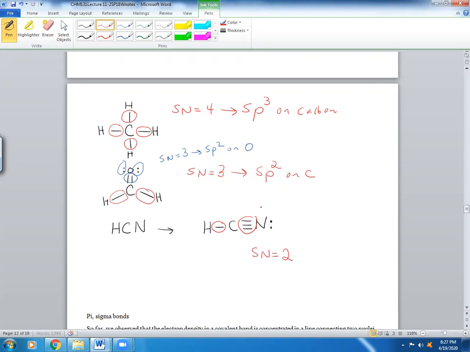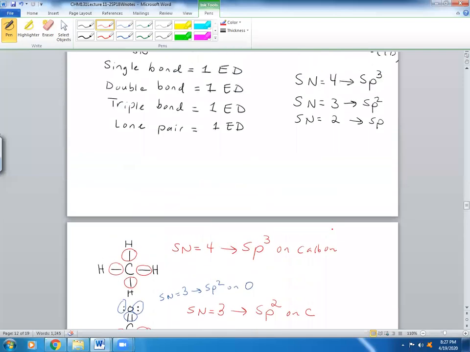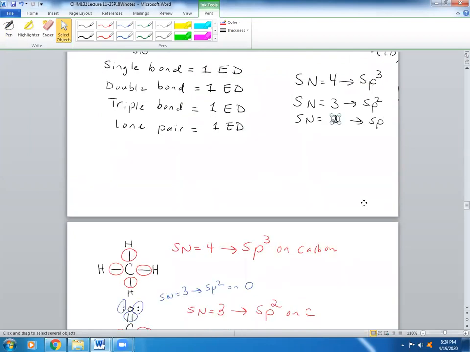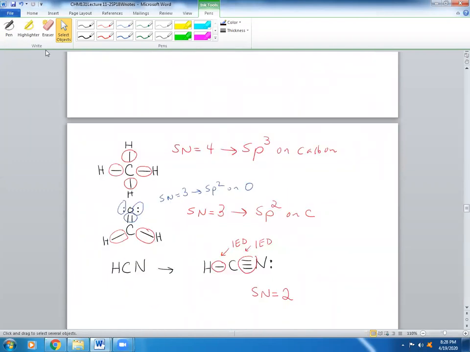A triple bond, remember, is 1 domain. So here's 1 electron domain, and there's 1 electron domain, a total of 2. And what did we say 2 corresponds to? Here it is. 2 is sp. It's just an s and a p. Again, of course, we mean the hybrid orbitals. So therefore, you have sp.